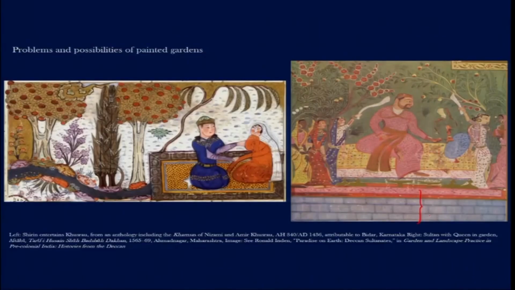So in terms of this visual representation, we do not really know whether the location of the wall here actually suggests that there was a wall there or not, because we see that in many cases the artisans deliberately picked up certain motifs from the gardens and played around with them in these images. So for that reason we cannot be completely sure whether this is an exact representation of the space of the Ahmednagar fort complex or not.